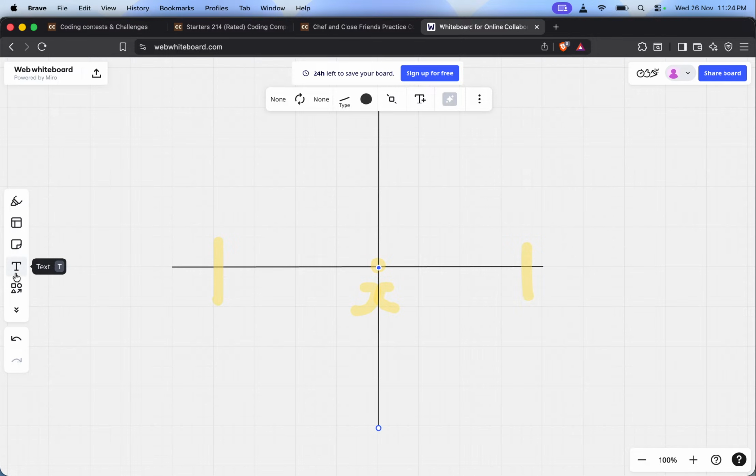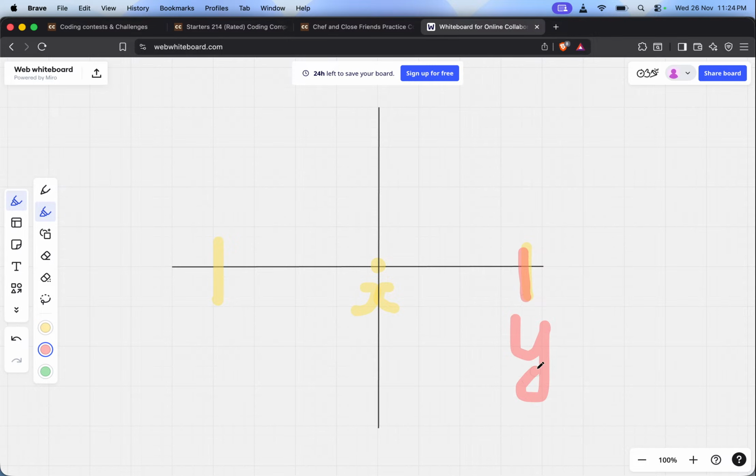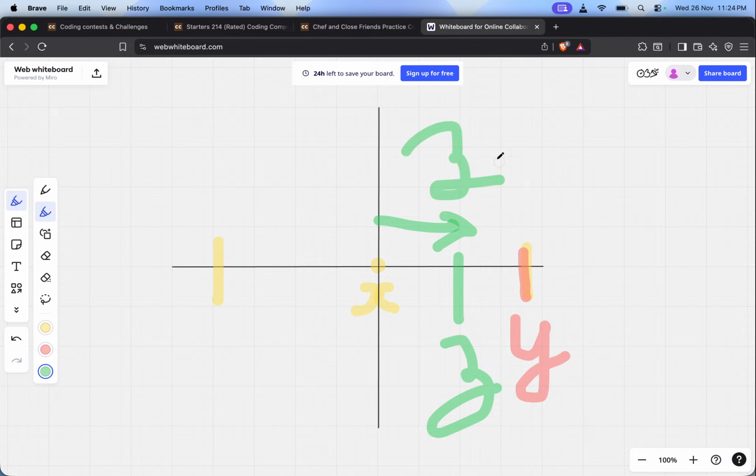Let's say Chef has friends up till y, and his mother has placed a restriction to visit up till z. So what is the maximum number of friends Chef can visit on the first axis? It will be equal to z minus x. Right.